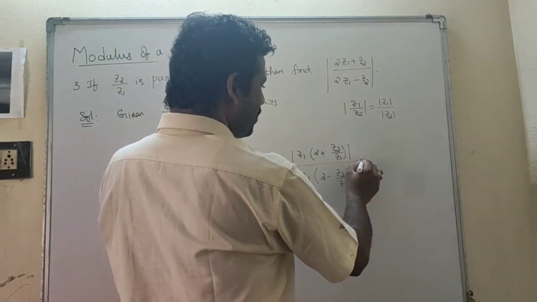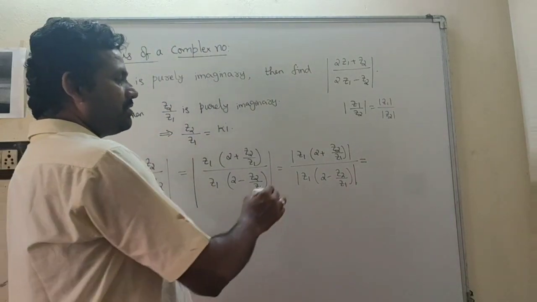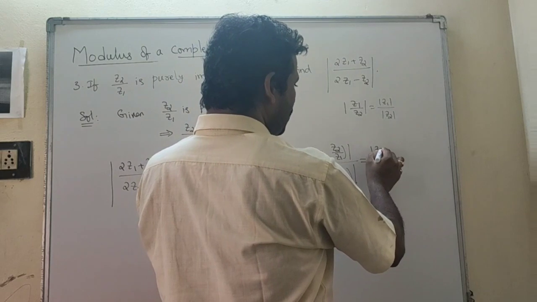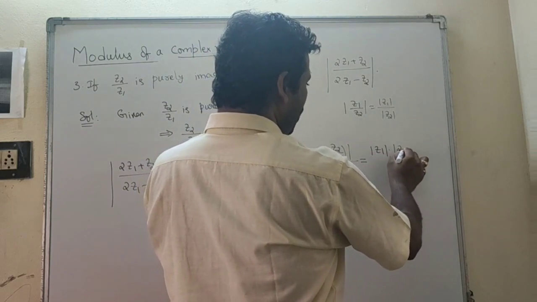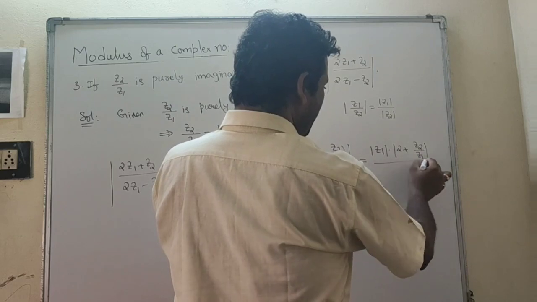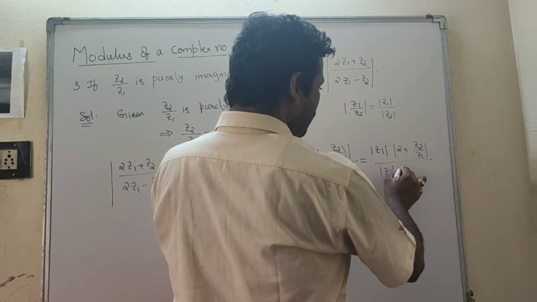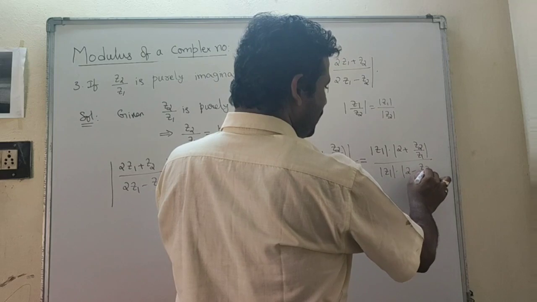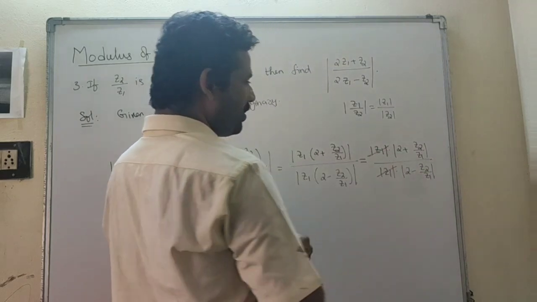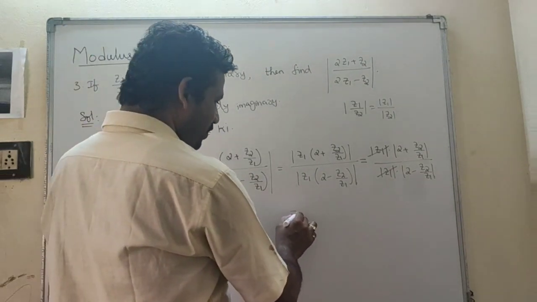What is the numerator? Mod of z1 z2 is mod z1 mod z2. So that is equal to mod z1 into mod of (2 + z2 by z1) by mod z1 into mod of (2 - z2 by z1). So mod z1 cancels. What is that equal to?